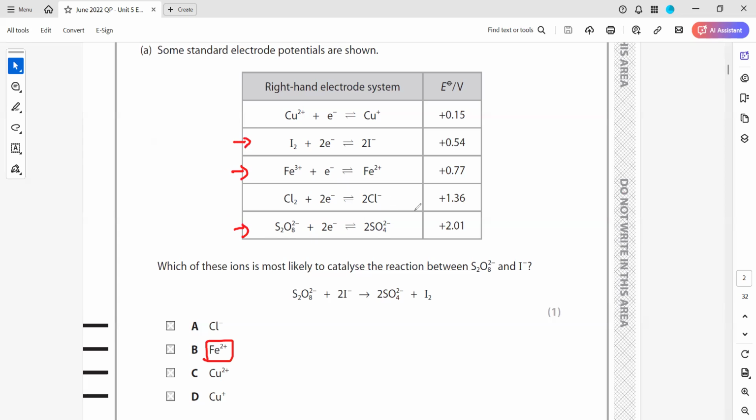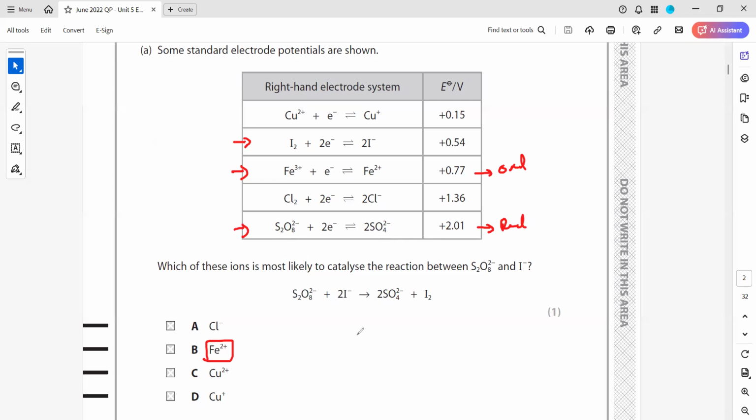So when the reaction happens between them, it can either react with this or the other one. If it reacts with these two, which one will be reduced? But we have iron 2. So in this case, this will have a reduction because higher is there. It is red minus ox. But we don't have iron 3, we have iron 2. When we check these two, the higher electrode potential will be a reduction and this will be an oxidation.